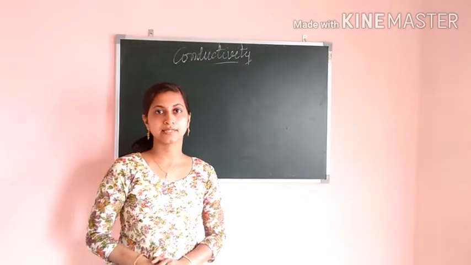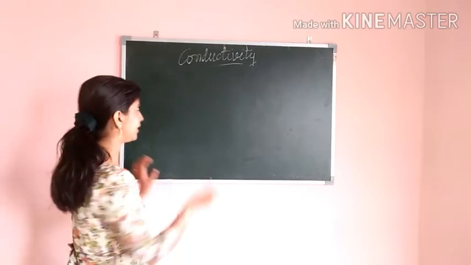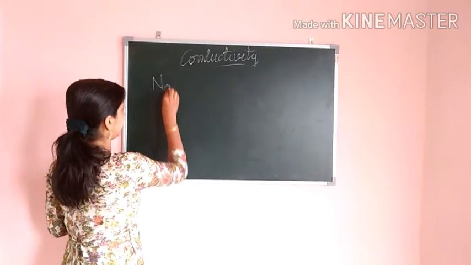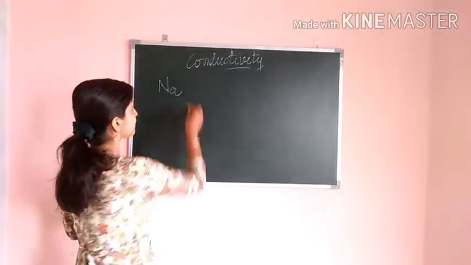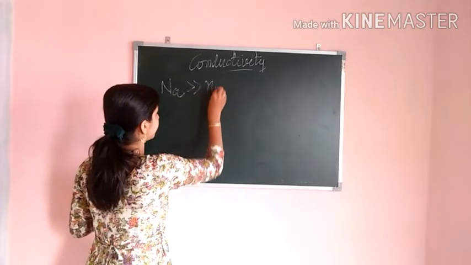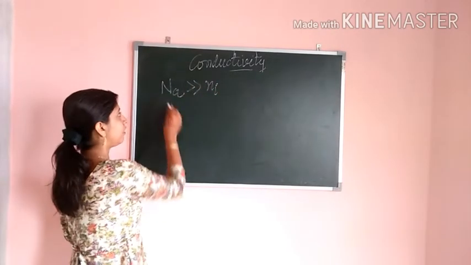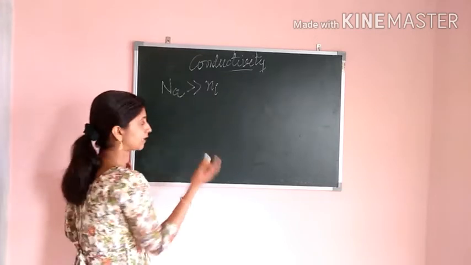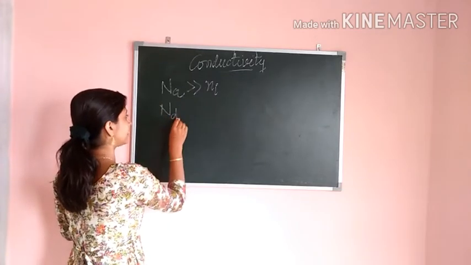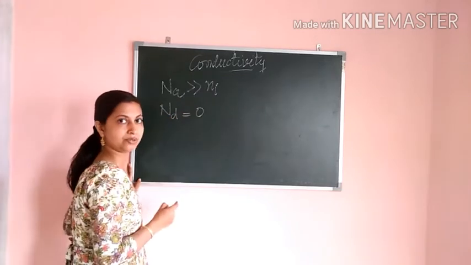Now consider a p-type semiconductor with an acceptor doping Na, which is very much greater than the intrinsic carrier concentration ni. Also, since it is a p-type semiconductor, the donor concentration Nd = 0.